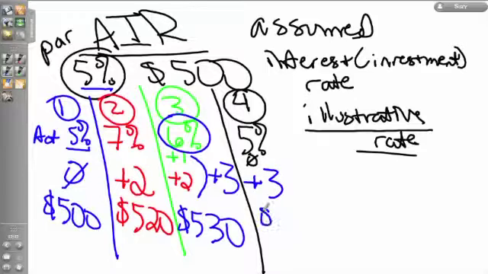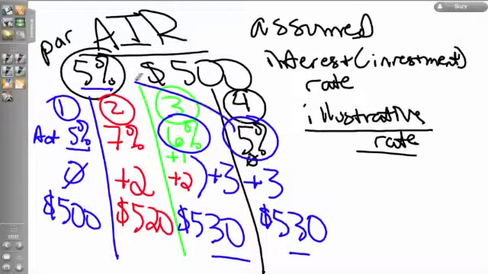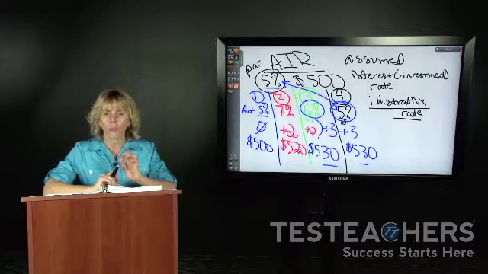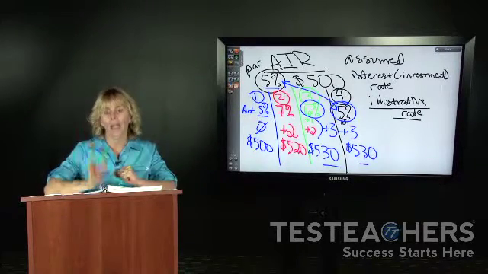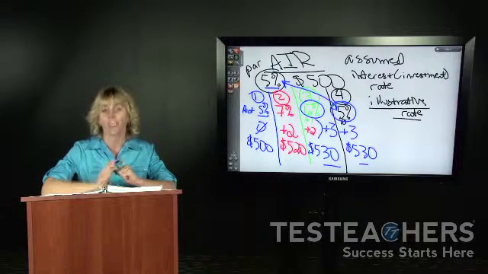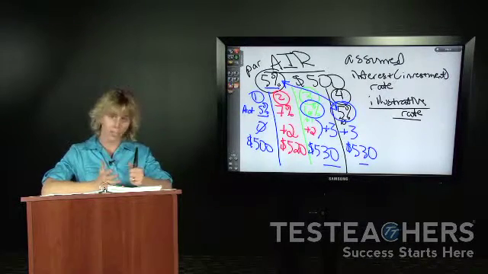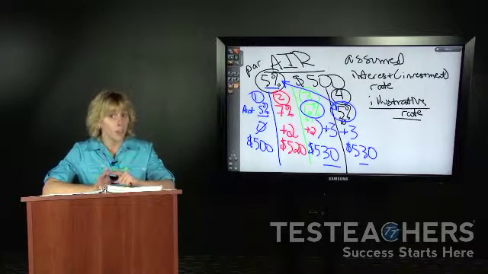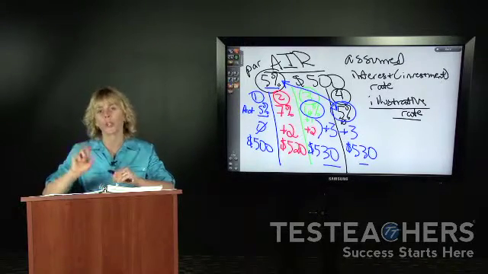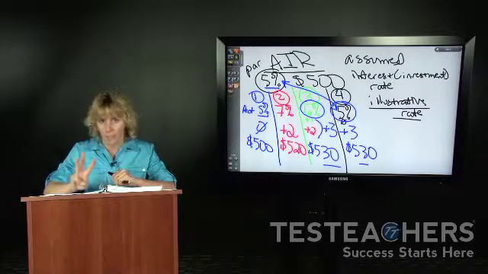So in order for the payment to stay the same as the month before, the actual earnings have to equal the AIR. That's the light bulb I need. In order for the payments to stay the same as the month before, the actual earnings have to equal the AIR, which happens to be, in this case, 5%. So the payment stayed at $530. It didn't go back to $500 because we were cumulatively plus 3.